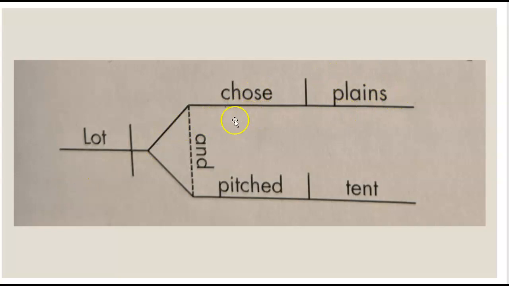The plains. And pitched what? His tent. So in order to diagram a direct object, we put a line up and down. It ends, unlike the verb, which keeps going. This one ends right here. So that's how we diagram a direct object.